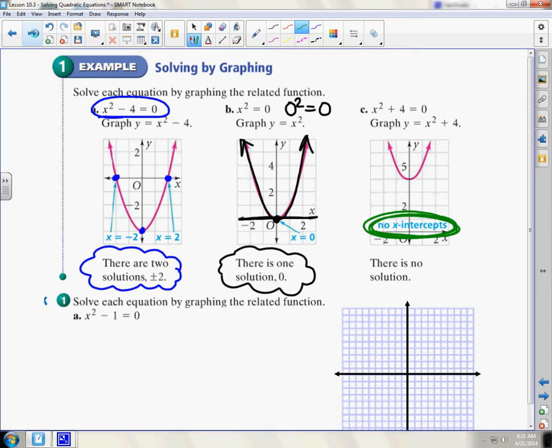If you have x squared plus 4, it will never equal 0, because x squared is always going to be a positive number, since anything squared is positive. A negative times a negative is a positive. When you have a positive and you add 4, nothing will ever get it to 0. So there is no solution for this problem.